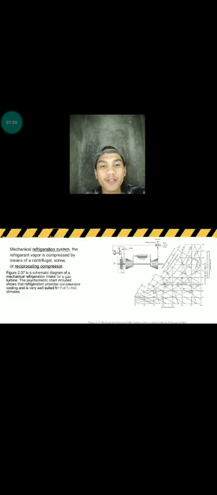Mechanical refrigeration system. A refrigerant vapor is compressed by means of a centrifugal, screw, or reciprocating compressor. Figure 2-37 is a schematic diagram of a mechanical refrigeration intake for a gas turbine.